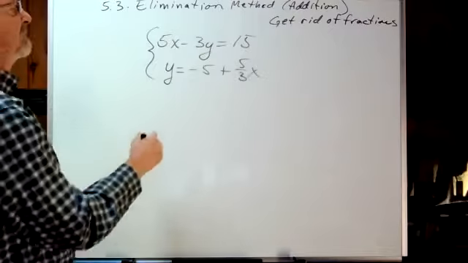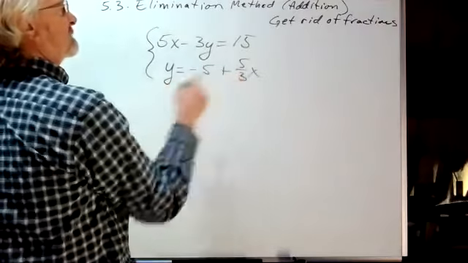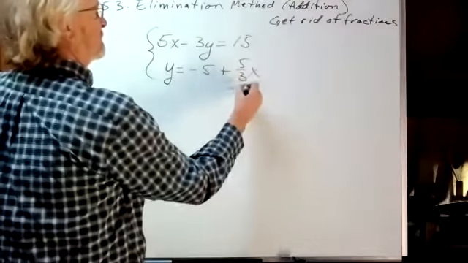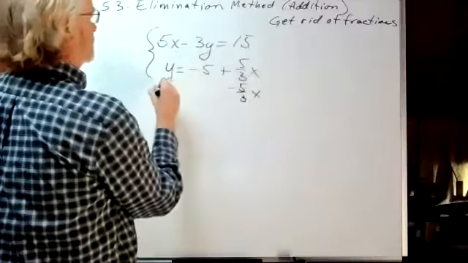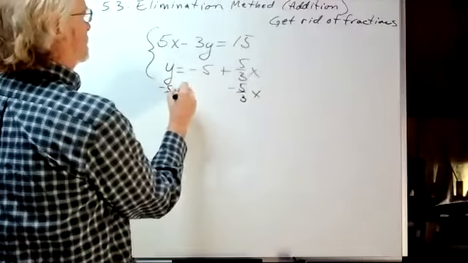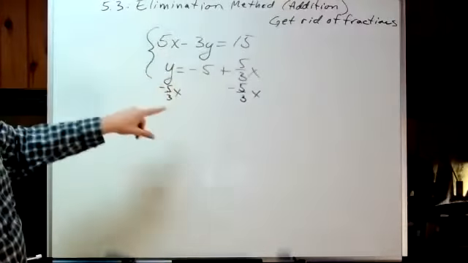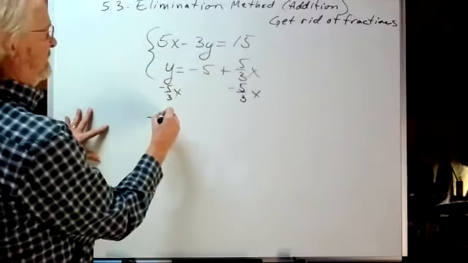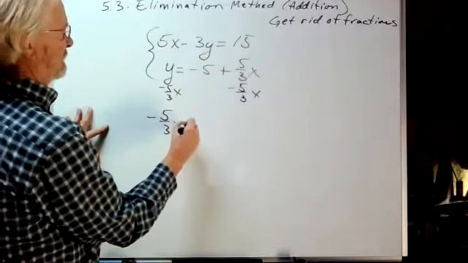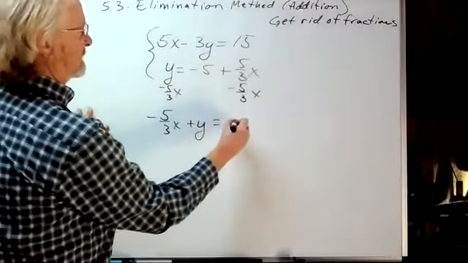So I'm going to subtract the x's. Because we usually put the x's before the y, I'm going to start with negative 5/3 x plus y equals negative 5.